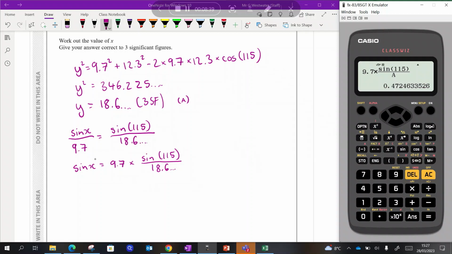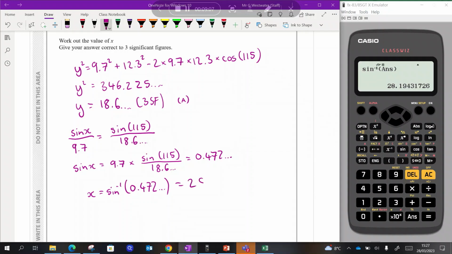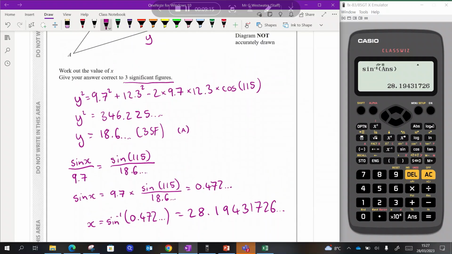Okay, so what have I forgotten to do? This is what sine x equals, not what x is. So I need to do the inverse sine of this, of 0.472..., and I'm just going to do shift sine to get inverse sine, answer, and we've got 28.19431726..., and it wants it to three significant figures.